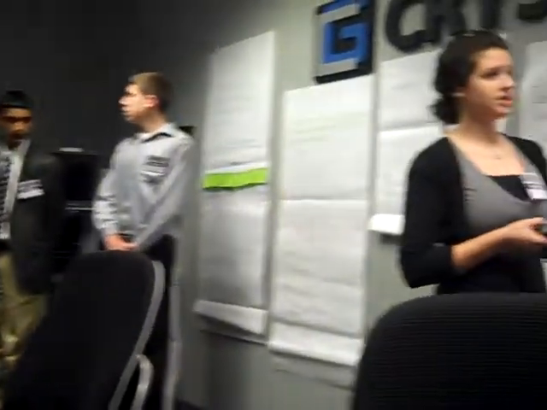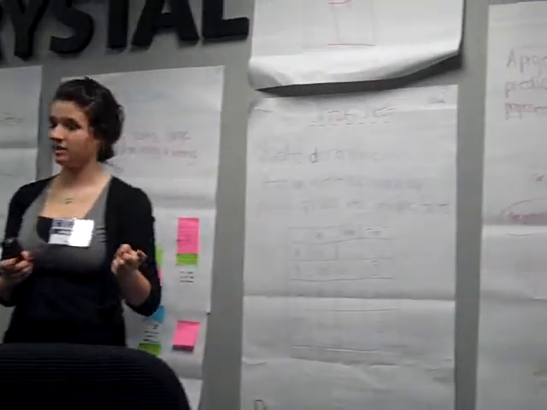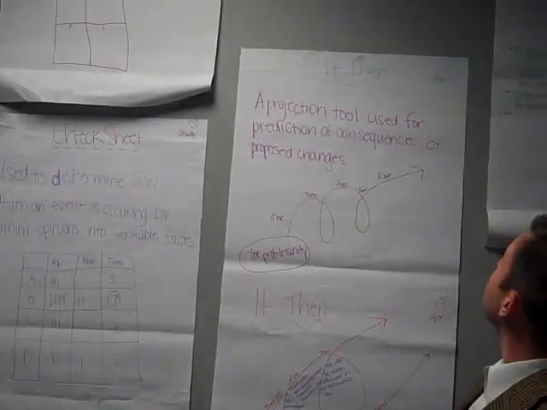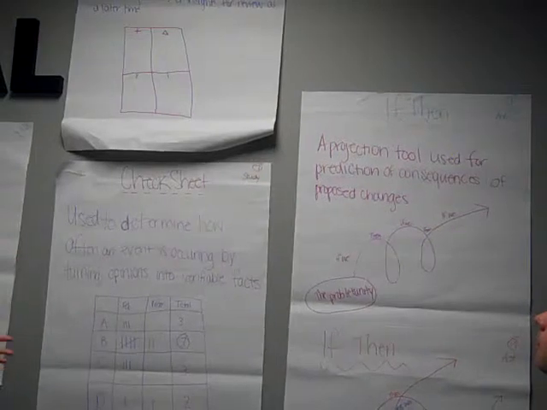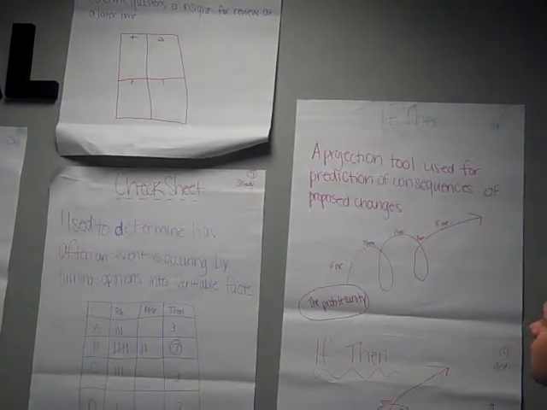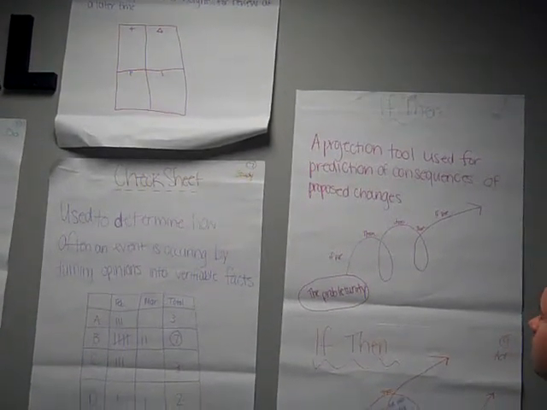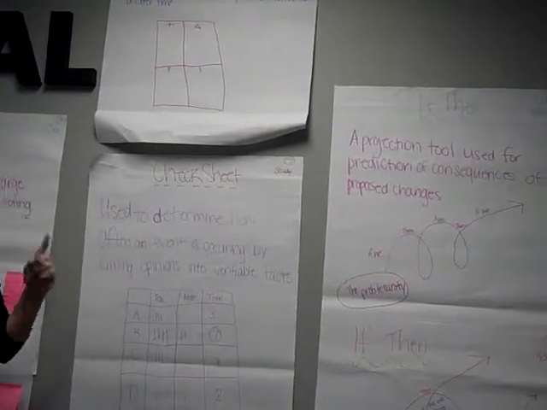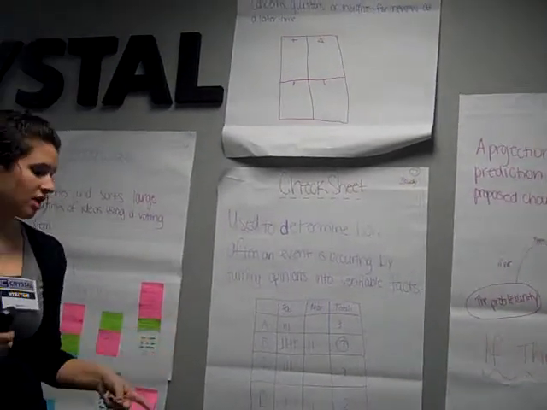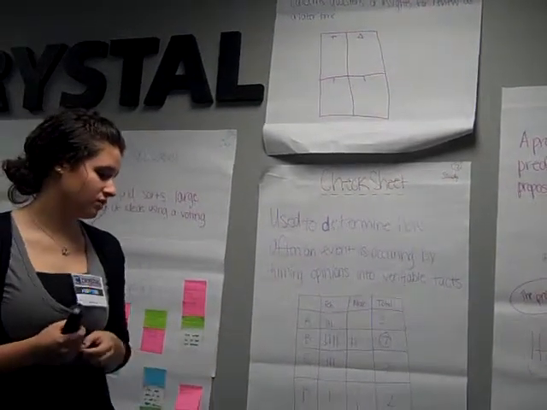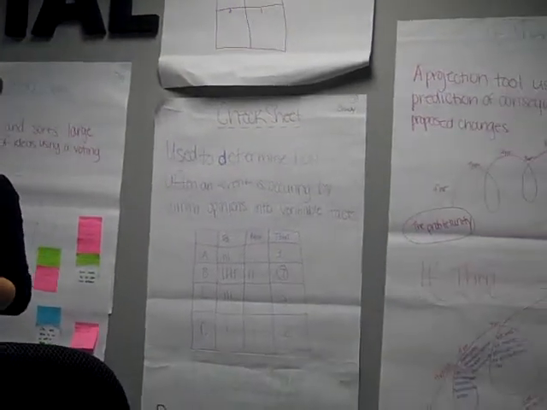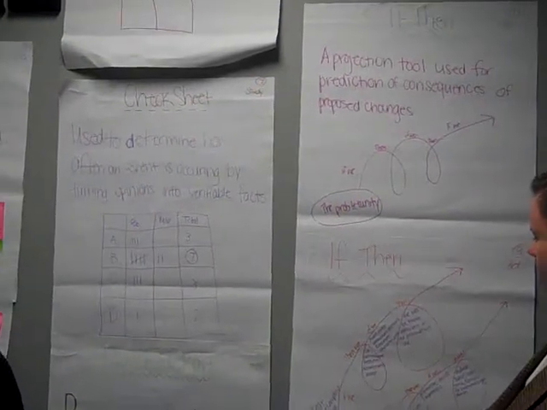And then for the final step, which is the ACT process, we're reflecting, and it's an if and then, which is a projection tool used for prediction of consequences of proposed changes. And so you start with the problem and then go from there. So we started with how do we efficiently reduce excess materials in production, and we had 2 different paths.